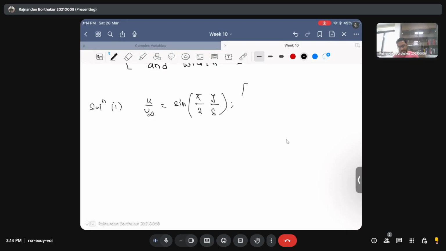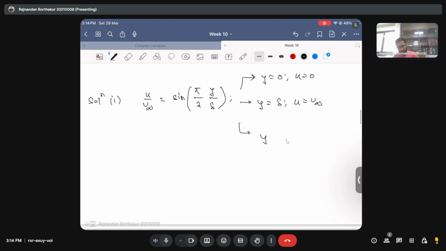And indeed, as I said, you can see that at y equal to 0, my u becomes equal to 0. The second is at y equal to delta, my u becomes equal to u infinity. And also you can prove that at y equal to delta, your del u by del y evaluated at y equal to delta is simply equal to 0.